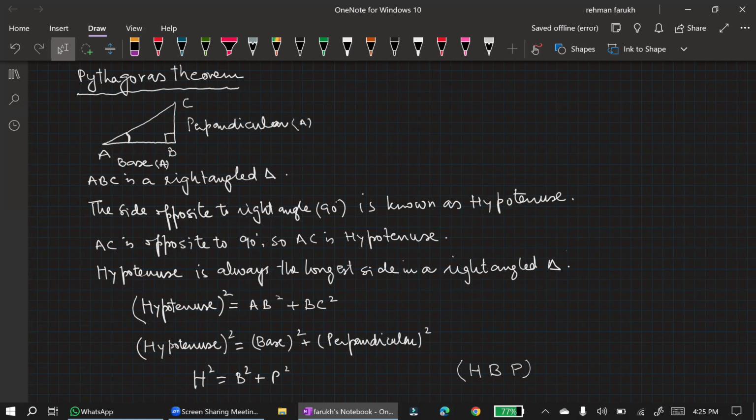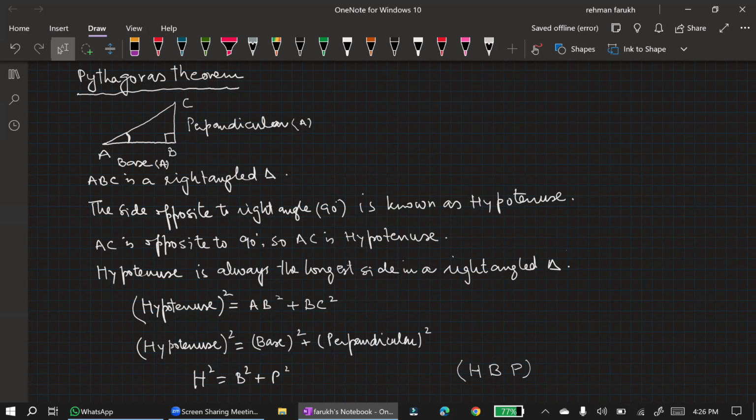Sir, how is the hypotenuse square equal to AB square plus BC square? Why is this? Because the square of the longest side is equal to the sum of the squares of the other two sides. This one is the fact, and we will have to use this one.